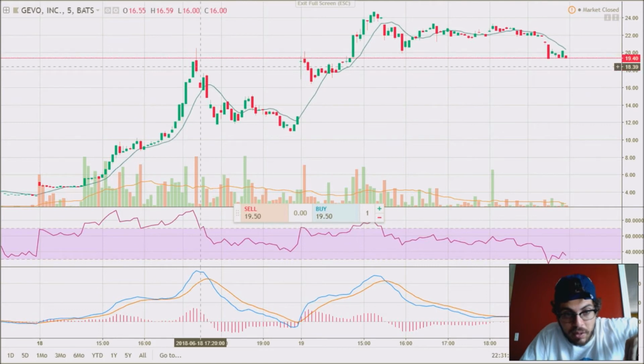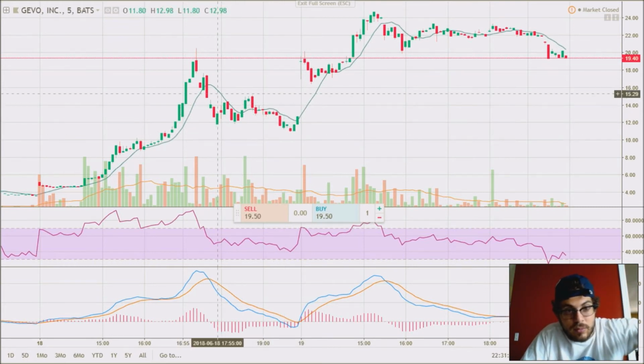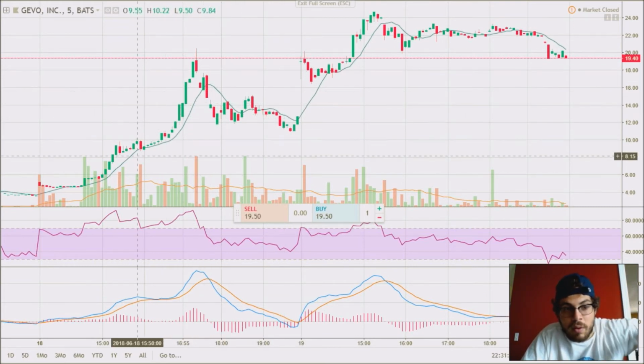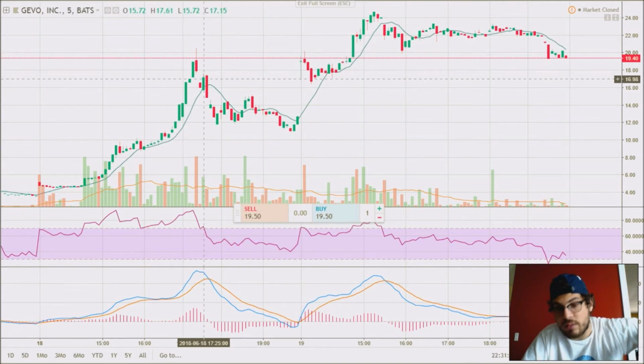So after this drop here, there was no reason for you to hold the stock any longer for the day. No reason at all. So for me, the perfect setup was to buy the stock here and sell it in this range over here.